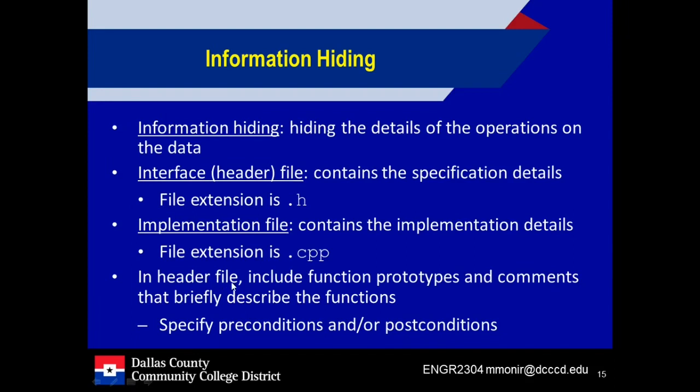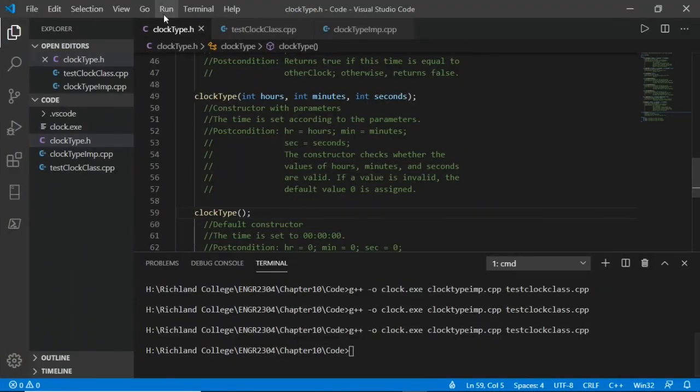Header files include function prototypes and comments that briefly describe the functions, specifying preconditions and or postconditions. Once I showed you this while writing the code for a header file in a class. Let me see, it is available here.